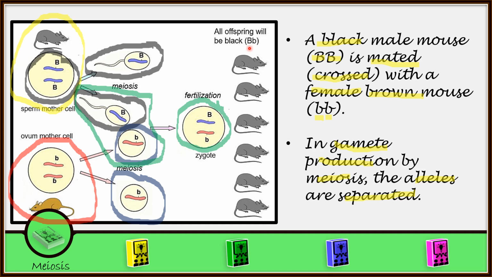So which color is going to be possessed by the offspring? Here, the color which is going to express itself is the one which is dominant. And when you look at our pair of alleles, capital B is dominant. Therefore, it is the one which is going to express itself, and it will suppress the small b. So all the offsprings are going to have a black coat.